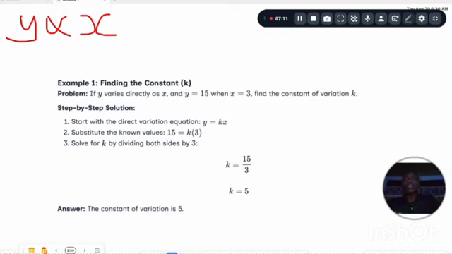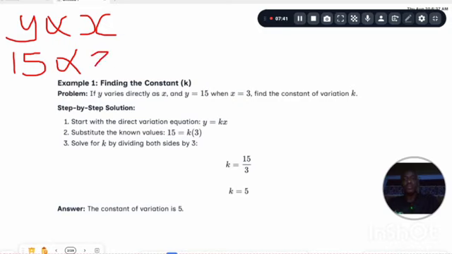So anywhere I see y, I'm going to put 15. I'm substituting variable y with the value given to us, which is 15. I'm still using the symbol for varies here; I'm going to change it later to equals. So 15 varies as what? x. x is what? 3.